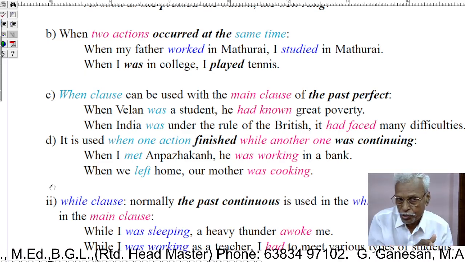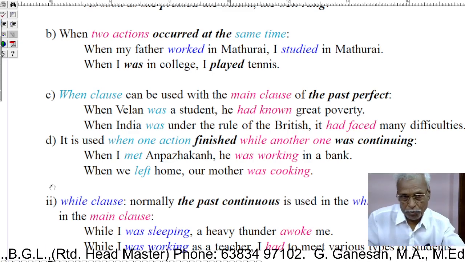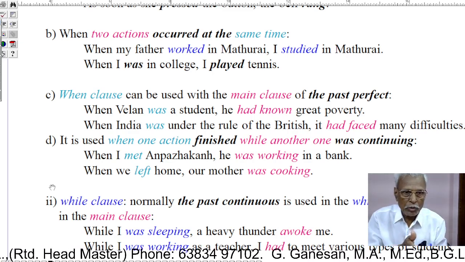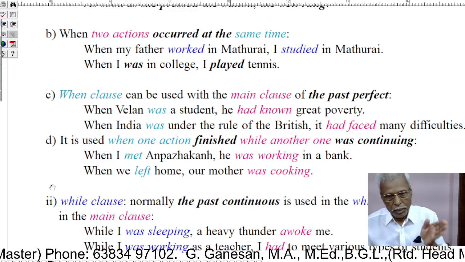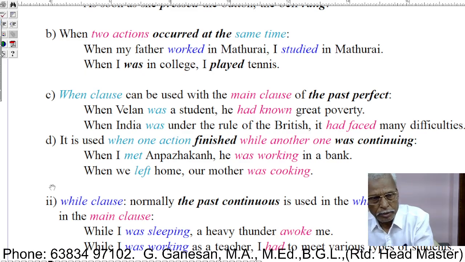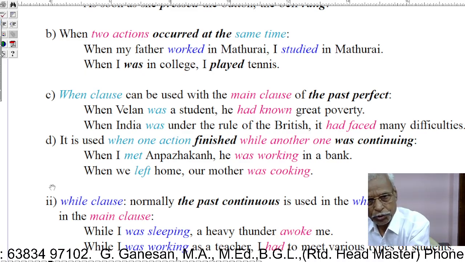When one action finished and the second action was going on in the past, the finished action should be used in the when clause, and the continuing action should be expressed using the main clause.